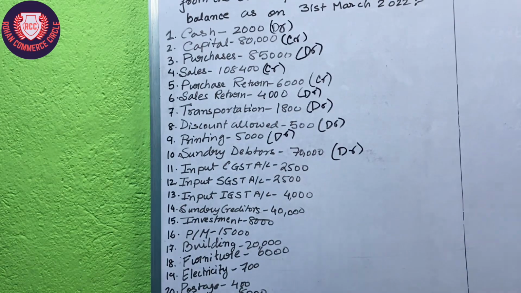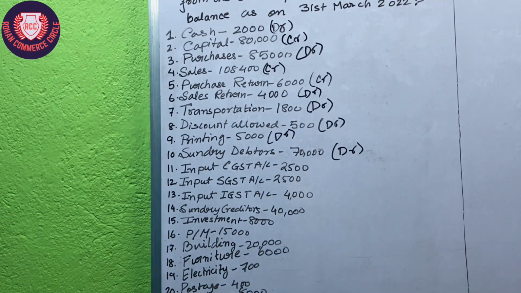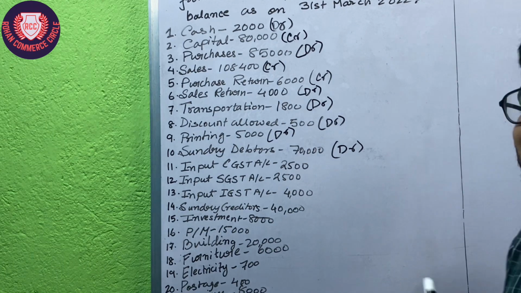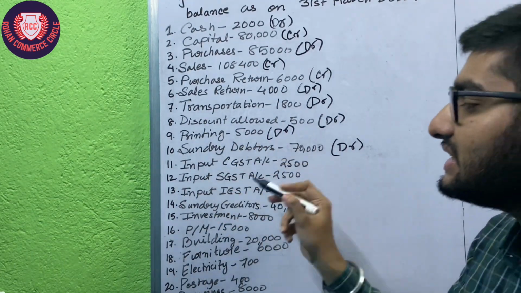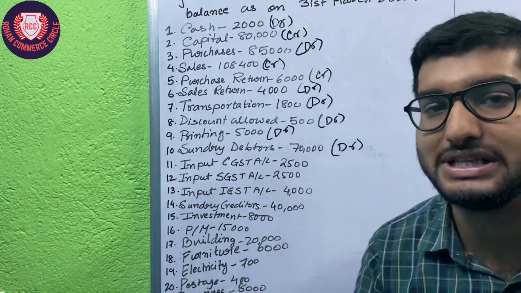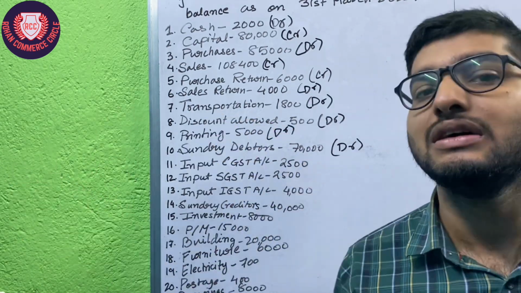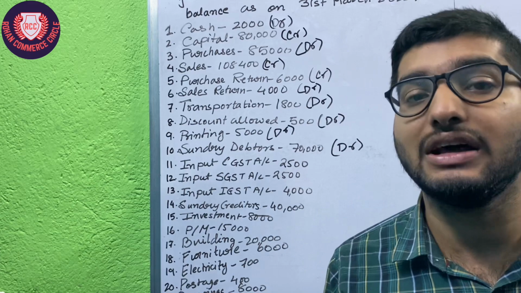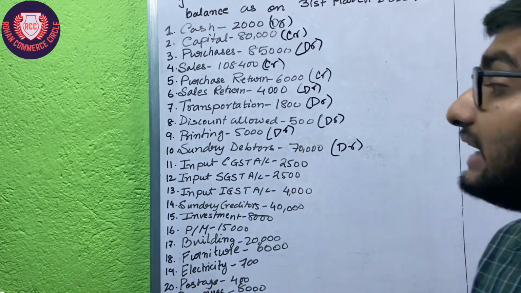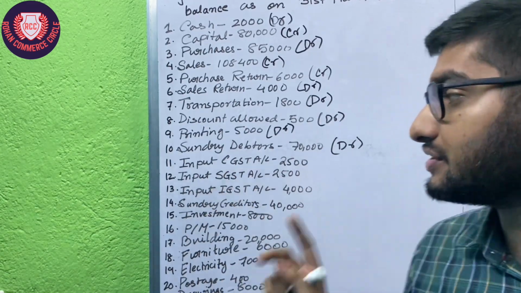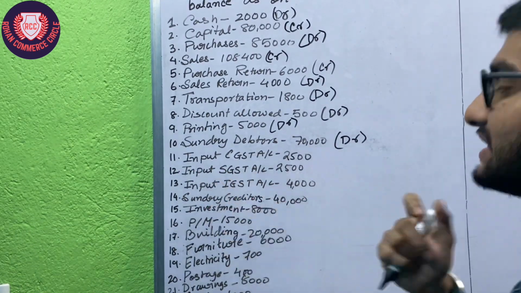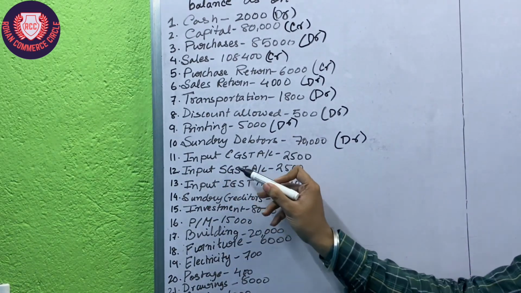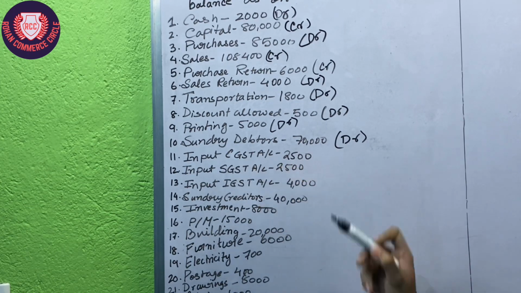Next things are input GST. Now students, input CGST, input SGST or input IGST means we are paying the GST. That means we are paying the goods and service tax, right? CGST means Central Goods and Service Tax. Next is input SGST. Input SGST means input State Goods and Service Tax.